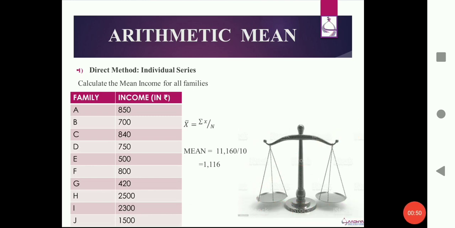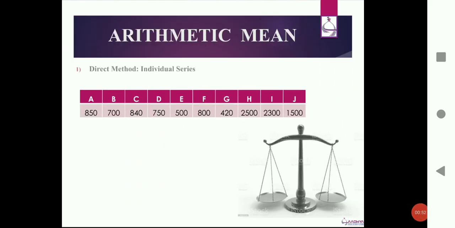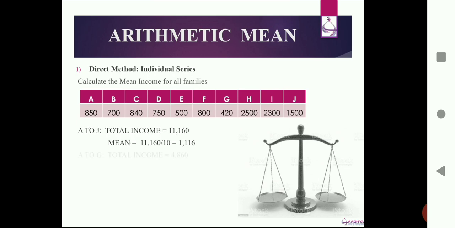Now on the other hand, we can go and see what happens when we remove 3 families which are rich from this population. So in this example, you can see that when we remove the top 3 families, the mean now reduces to 694.29 rupees.